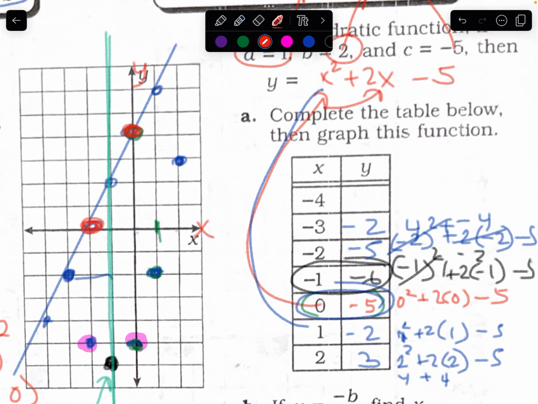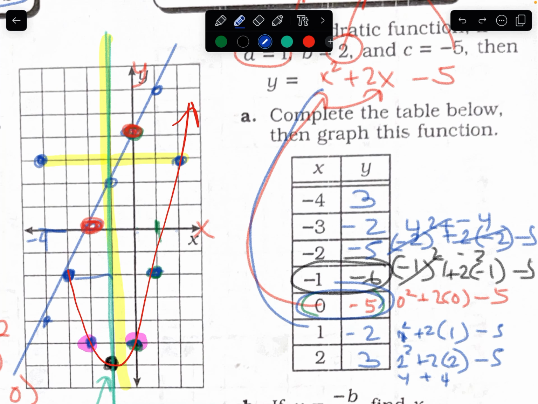Okay, so we got our dots so far. And then our last one, negative 4, is 3 away from this axis of symmetry. So it's going to be right there. At negative 4 it has a positive 3, like up here.